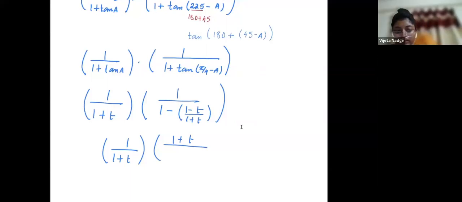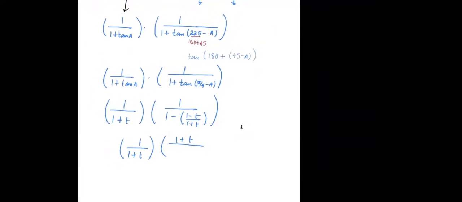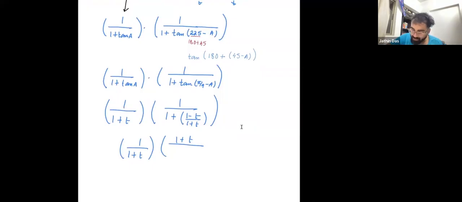Just one second. Here there is a plus, sorry. Yes, that's what I was thinking. So here it will be 1 plus t plus 1 minus t. This will cancel out. This will be 1 by 2.